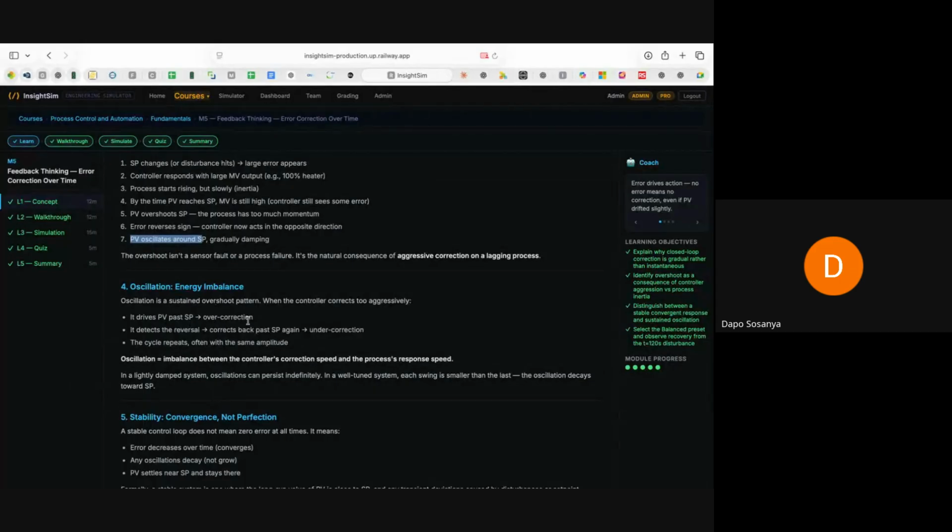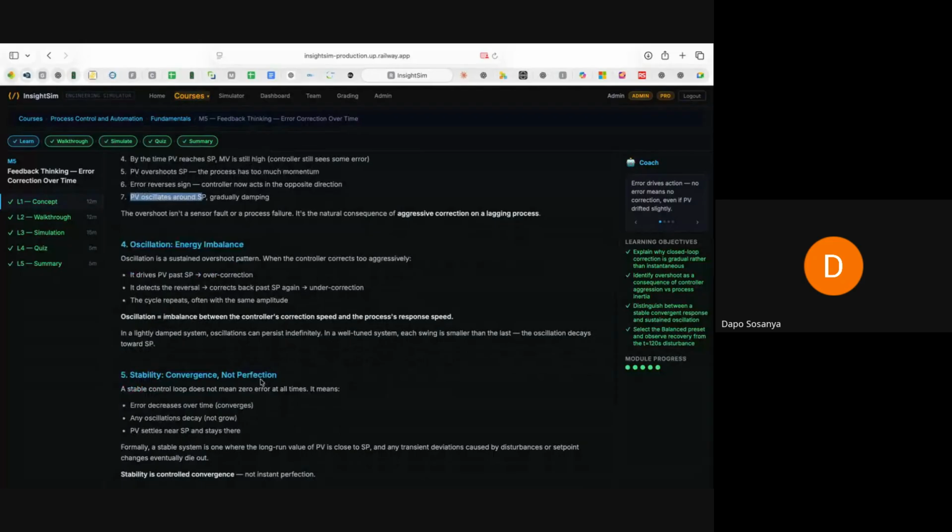It overcorrects, detects the reversal, and then corrects back to SP, again under correcting. And then the cycle repeats itself, often with the same amplitude. That's why you have that sinusoidal wave over the SP, just going up and down, up and down.